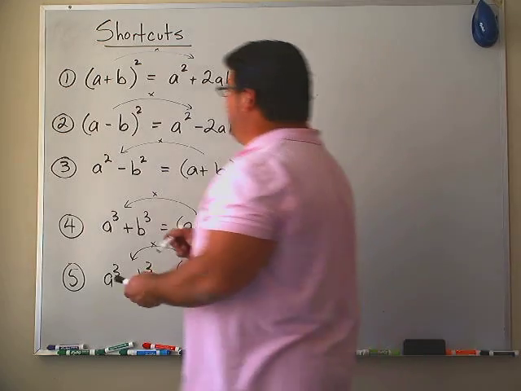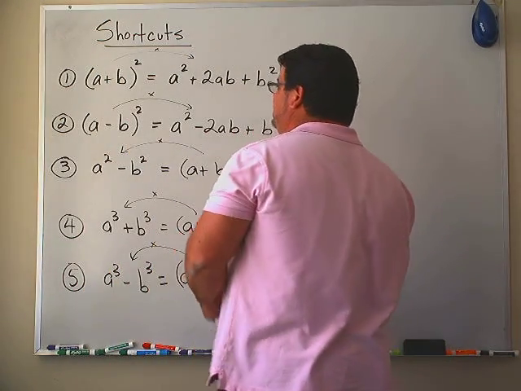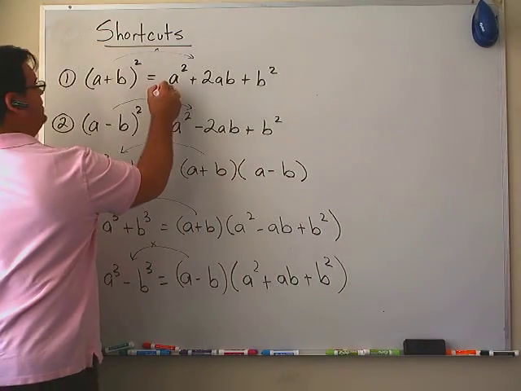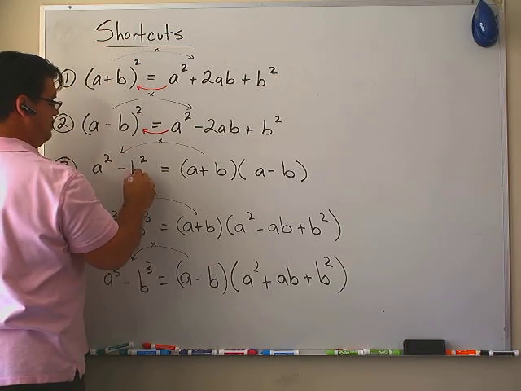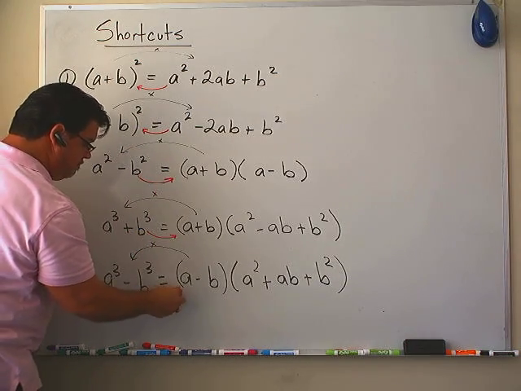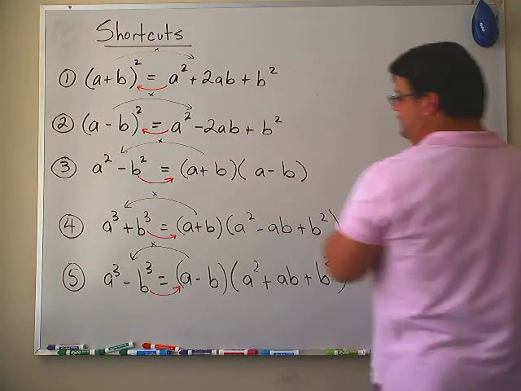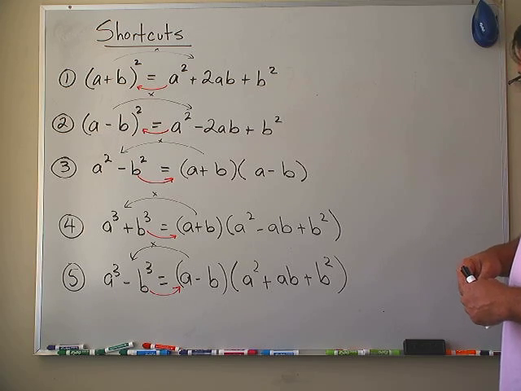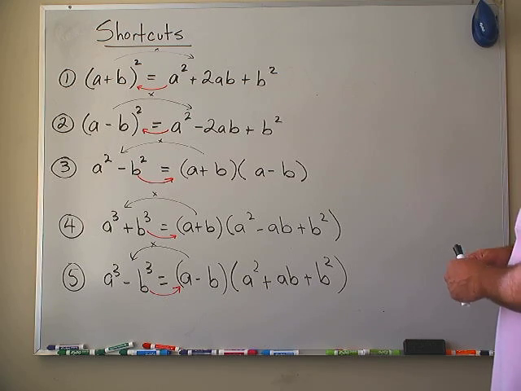What's the opposite of distributive law? Factoring. So factoring, and I'm going to take another color here, we'll use red. Factoring is the opposite way. All right, so write those down. You got them all written down? Okay, go ahead and get number 5.